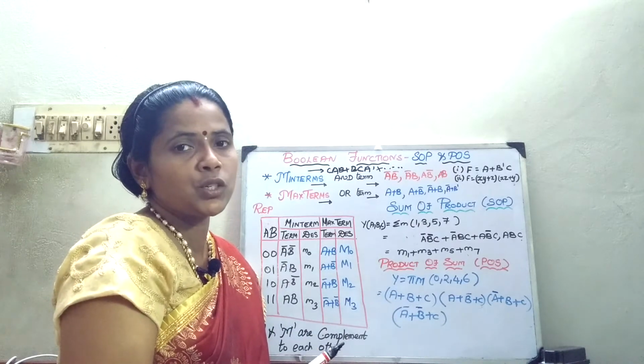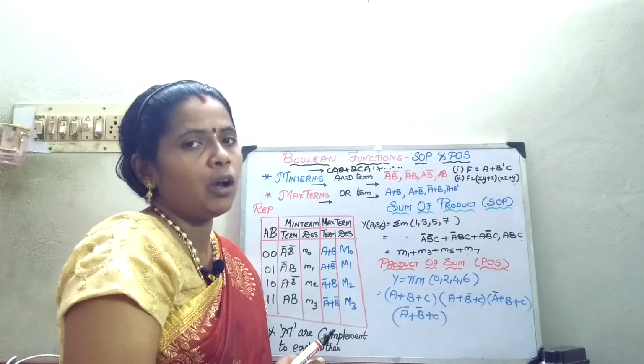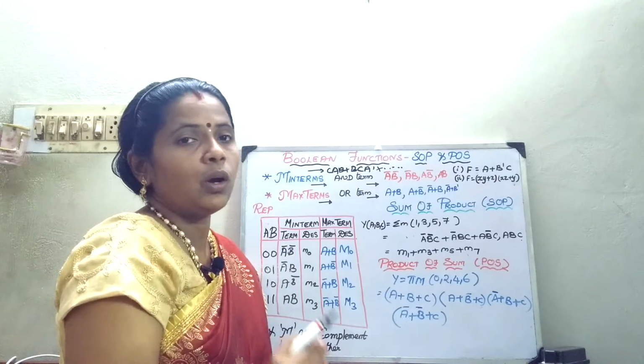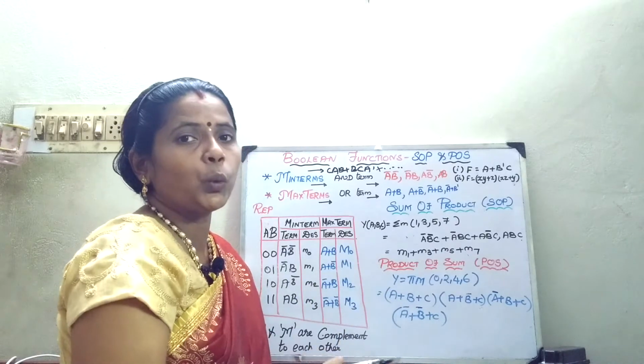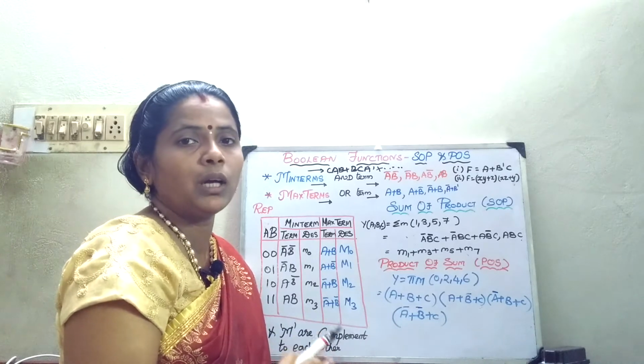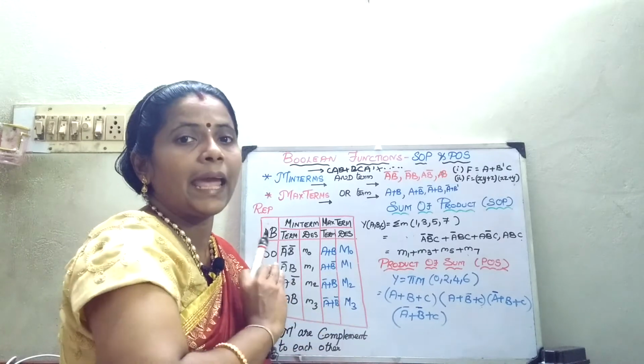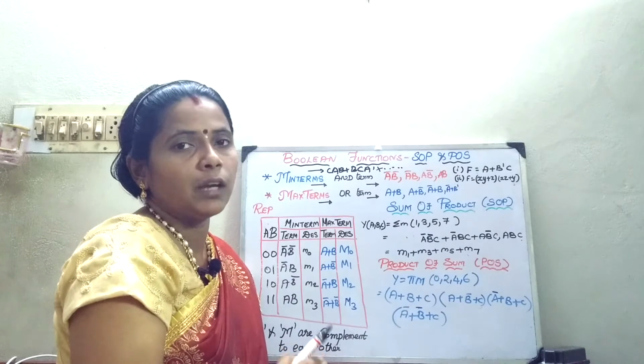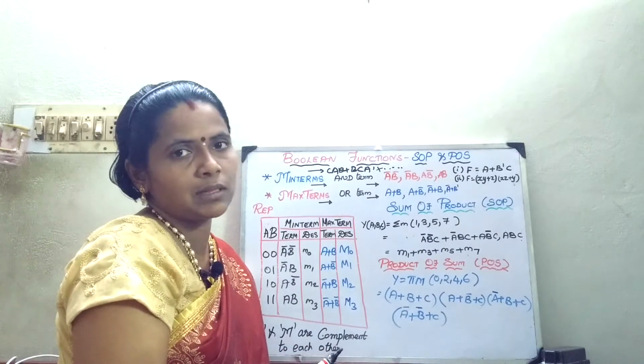As a digital engineer, we should know that we should reduce the cost. So what are the methods by which you can reduce the expression, but it will work in the same way as the expanded expression? That is what we are going to see in today's class.